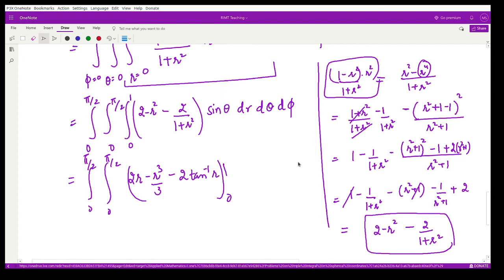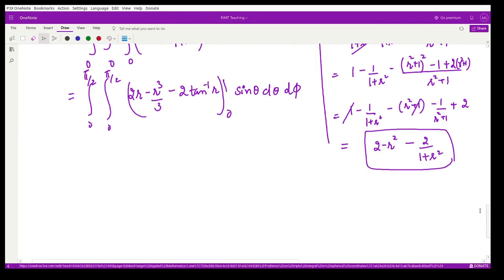so we have to perform this integration. The limits of r are from 0 to 1, sin theta d theta and d phi. We have sin theta, d theta and d phi. So what is this? When you substitute the limits, so you will have 2 minus 1 by 3 minus 2.